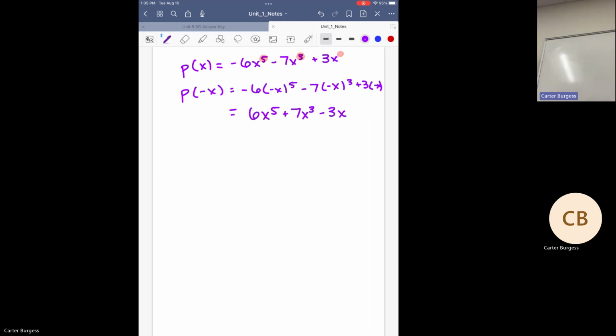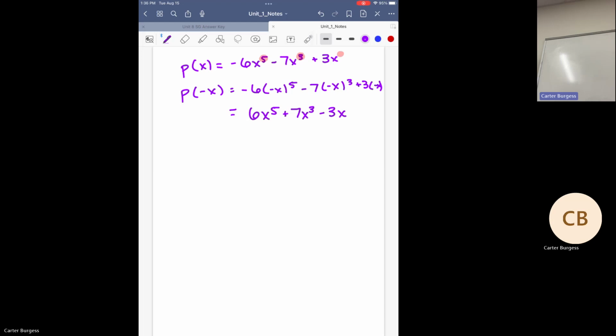What happened to our function? All the signs flip, right? The coefficients that were originally positive have now all become negative, and the coefficients that were originally negative have now all become positive.